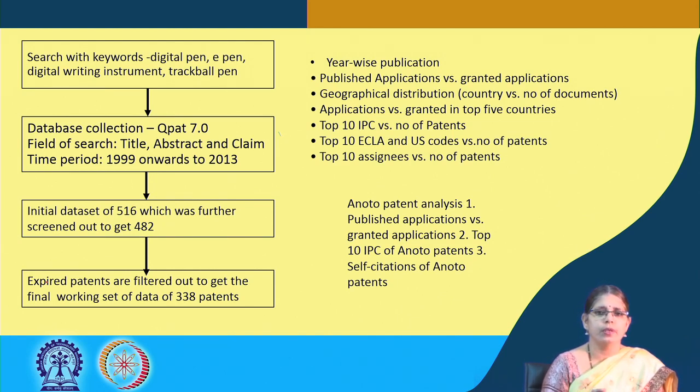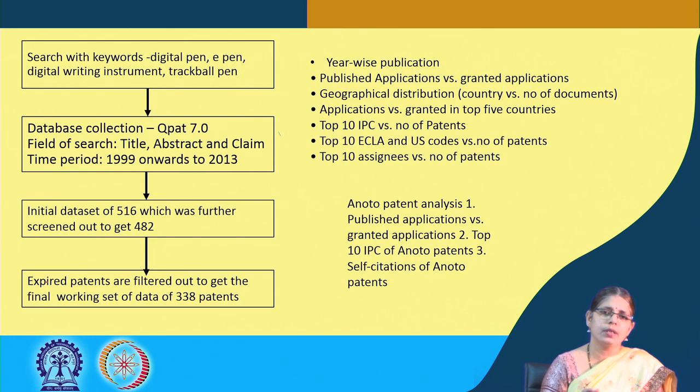Now, at this point, it is also important to understand in which year the developments in relation to digital pen started. The introduction of a digital pen by Anoto marked the beginning of the technology in relation to digital pens. So, that was in the year 1999.